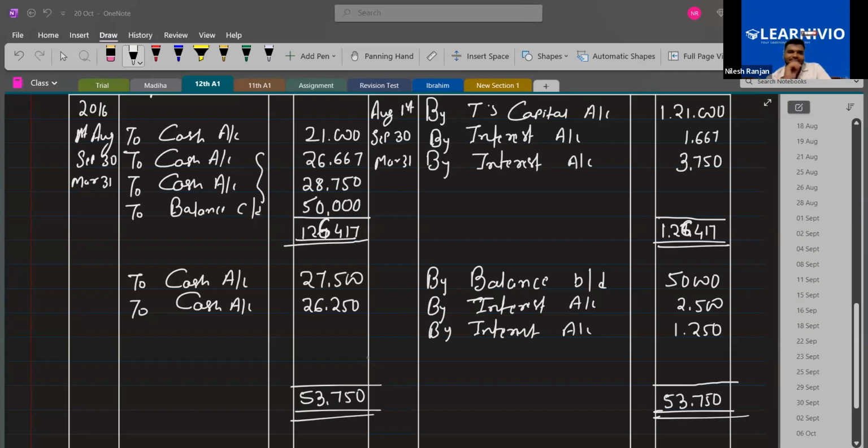Where? After calculating the 1,26,417. So where I have written two cash, two cash, two cash. Debit side? Yes, two cash account, two cash account, two cash 27,500, two cash 26,250. I told you about this.